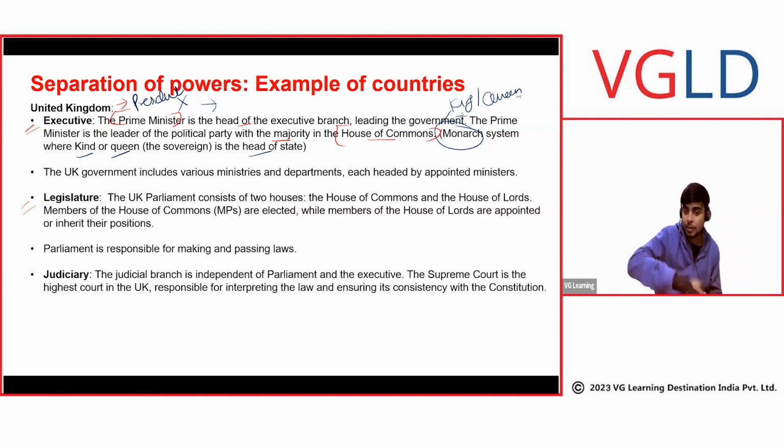After the British Empire, the king and queen were overthrown, and it was the British who were ruling India, and later on the government was formed. In 1947 we got independence in India, and we did not switch back to the monarchy system. We switched to the democratic system.